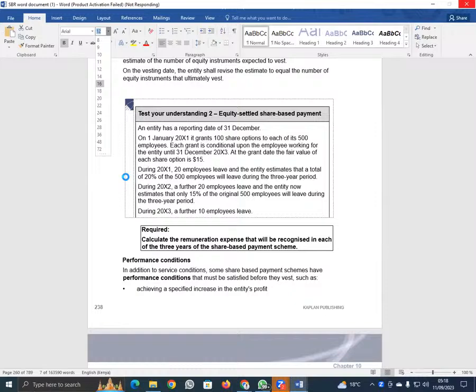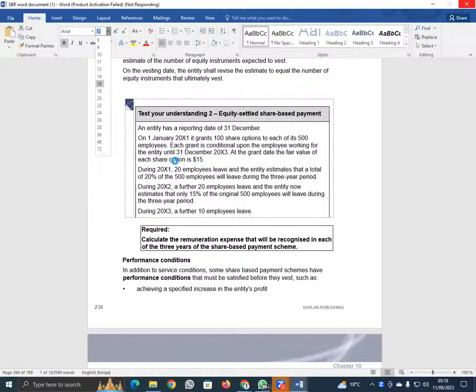Test Your Understanding 2: equity settled, share-based payment. You're told an entity has a reporting date of 31st December, so that is when we report.